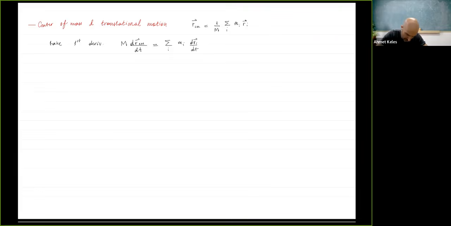So I can do the same thing. Take the second derivative. So M again, d squared r center of mass divided by dt squared is equal to the sum over, again, I can act term by term, so this is sum over i of m_i d squared r_i divided by dt squared.